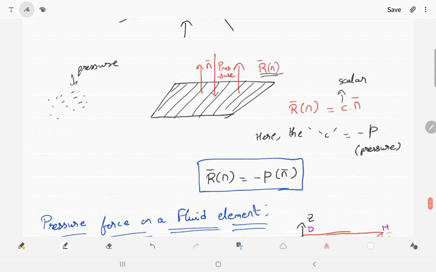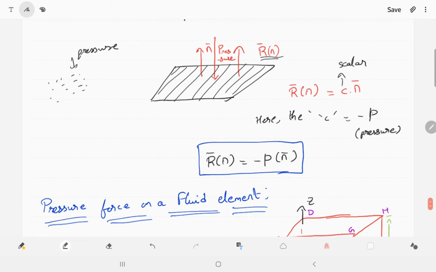That means the pressure acts in a direction opposite to the normal force acting on the fluid. If the force acts in this direction, then the pressure will act in the opposite direction.